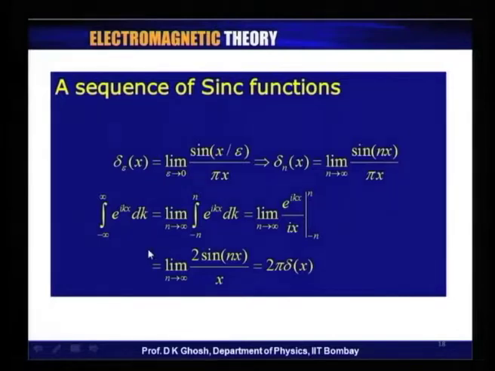Well, there are other options as well. For instance, as a sequence of a sinc function. Sinc function is basically sin x by x function, but there are some normalization factors we have done.